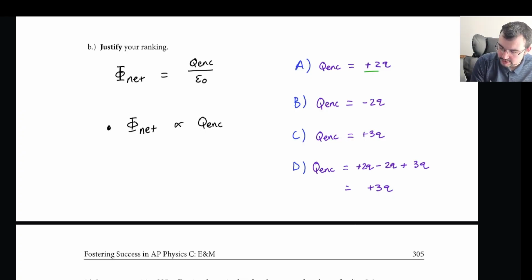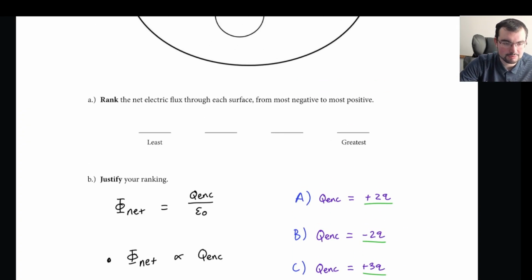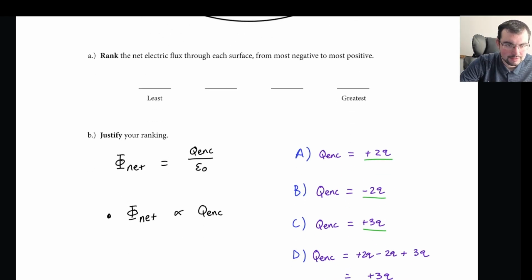So we have 2, negative 2, 3, and 3 as our enclosed charges, and we just rank them from most negative to most positive. Our only surface with negative flux is B. Then A has some positive flux, and then C and D tie for the most positive flux.